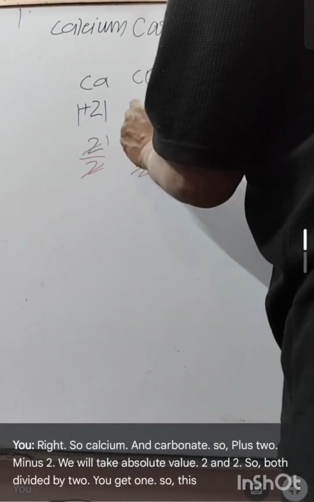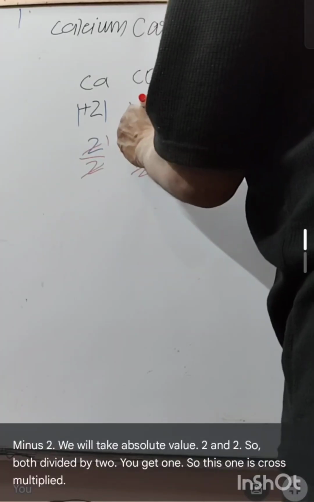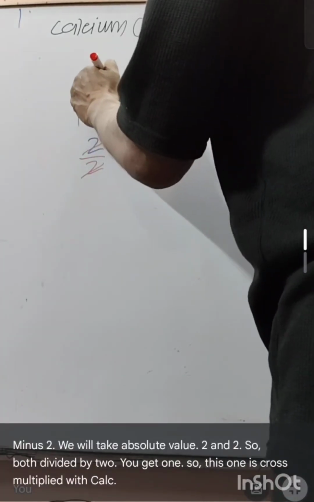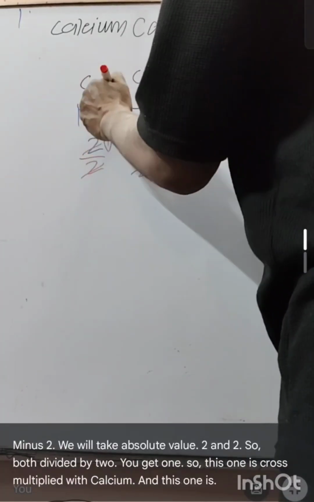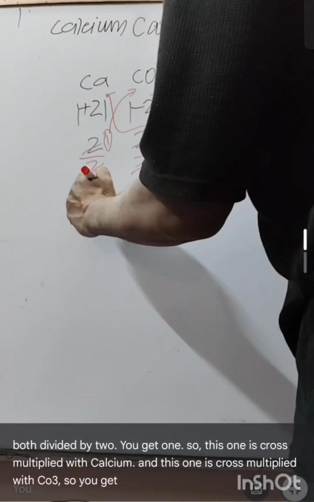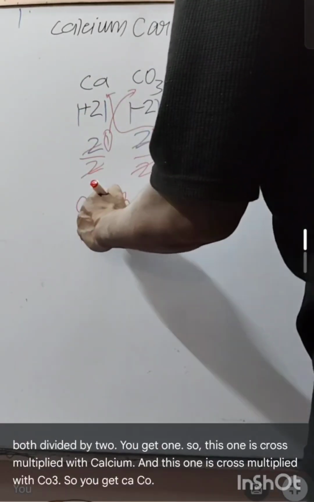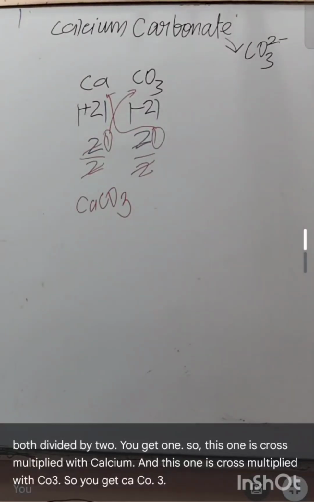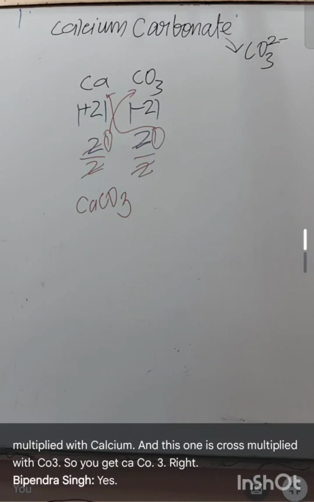So this 1 is cross multiplied with calcium and this one is cross multiplied with CO3. So you get CaCO3, right? Yes, sir. Then we have one more.